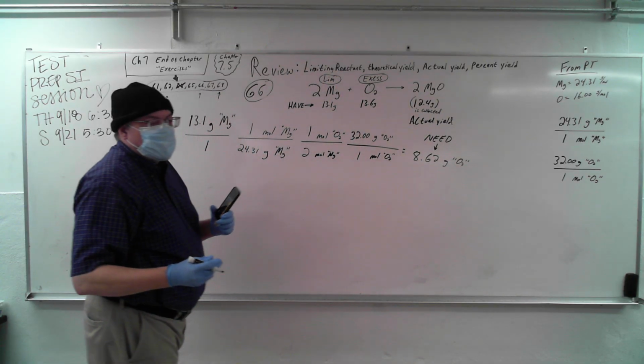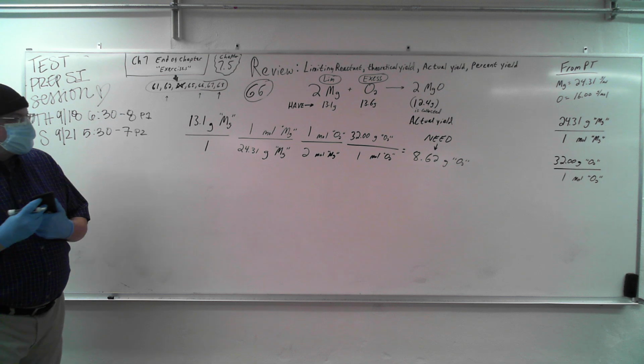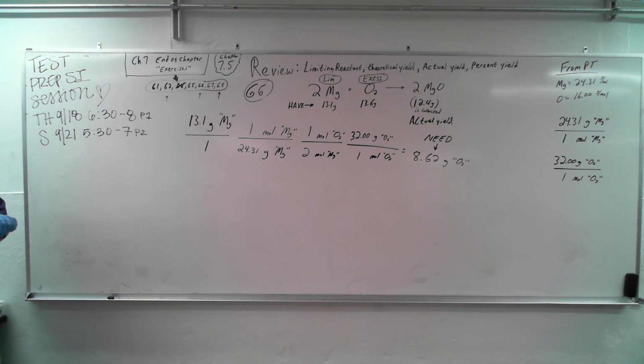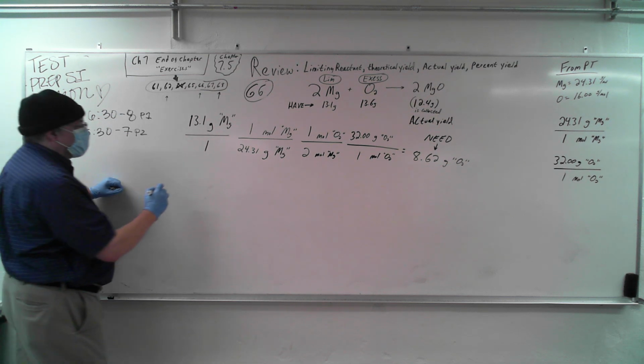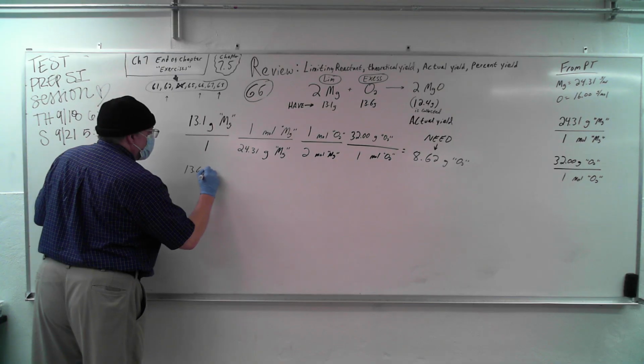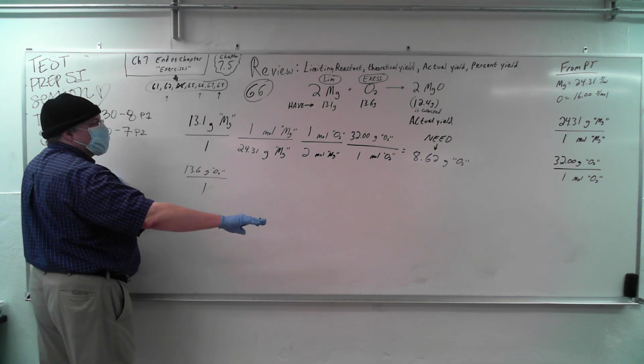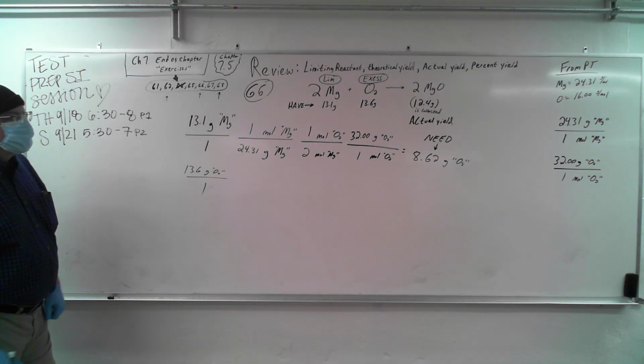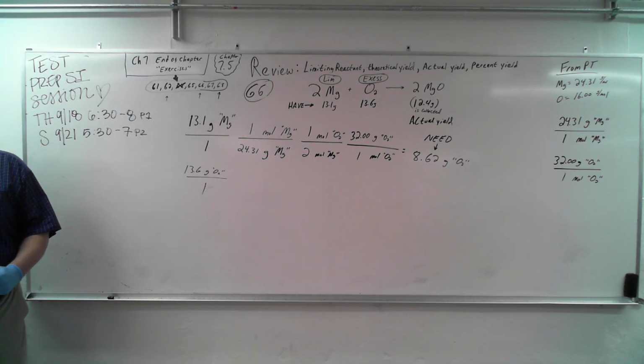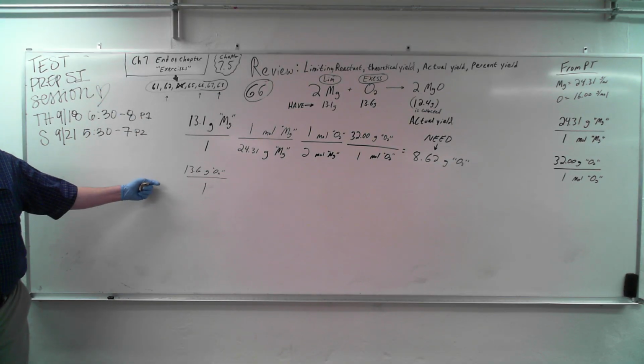So we identify the limiting reactant. If I did this with O2 and continued across, I'd come to the same conclusion. You want me to do this one? It's superfluous, but I'll still do it, just to show you that you come to the same conclusion.